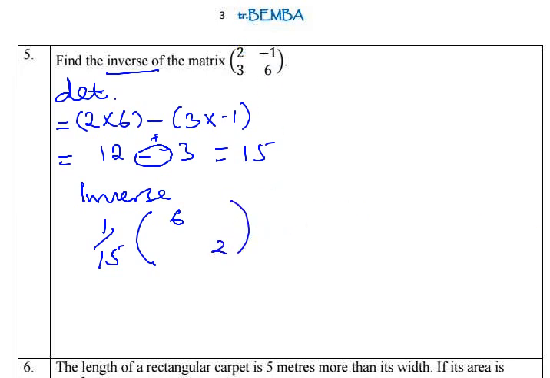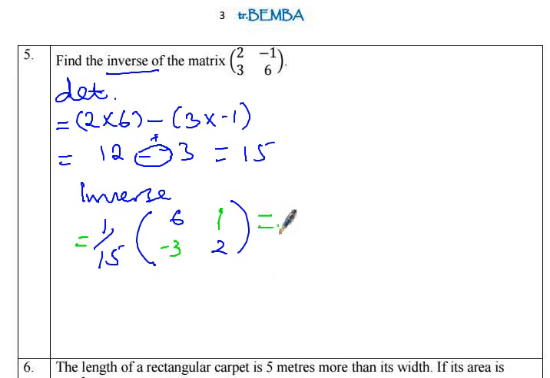Do you see that interchange? Okay, and after doing that, what happens to these two numbers along the minor diagonal? We change their sign. So since I have minus 1, I change it into positive 1, and down here I have a 3, I change it into minus 3. We see that this is what we call the adjoint of this matrix here.